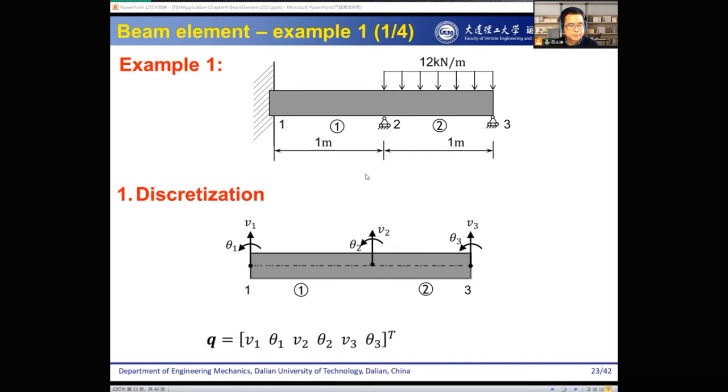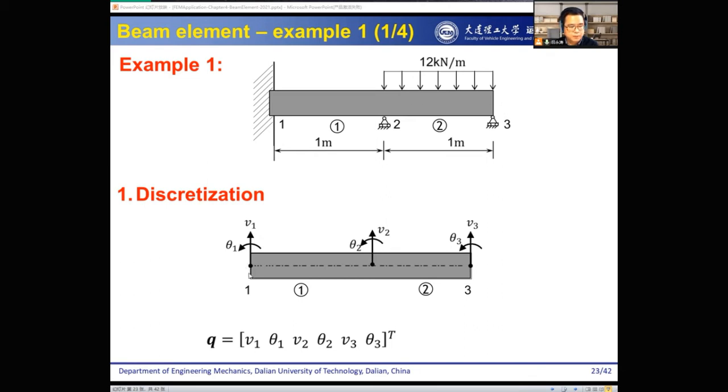So we have two elements. We have three nodes, and in this case we don't have the axial displacement because there's no external force in the x direction.